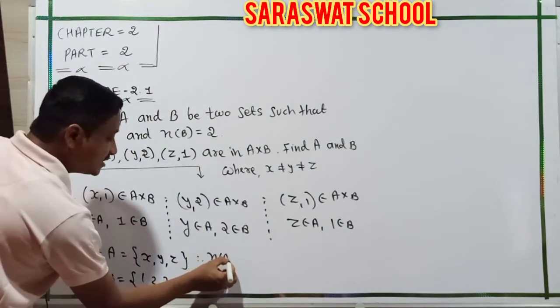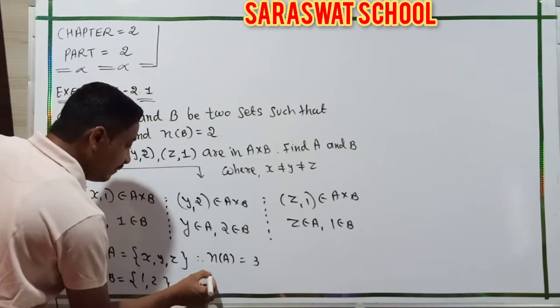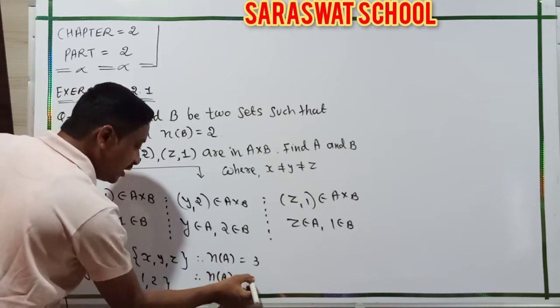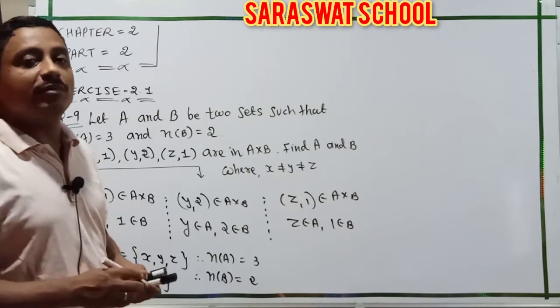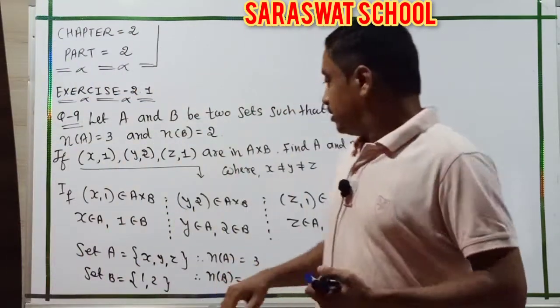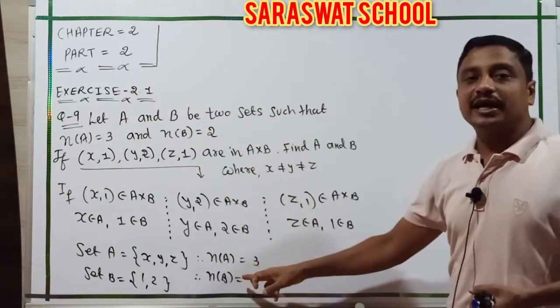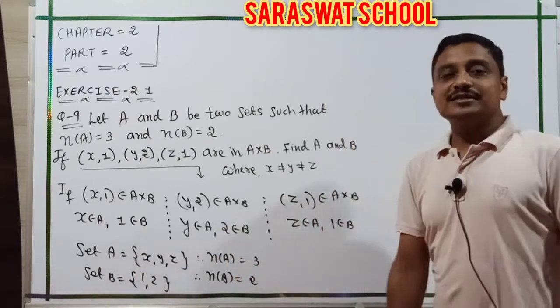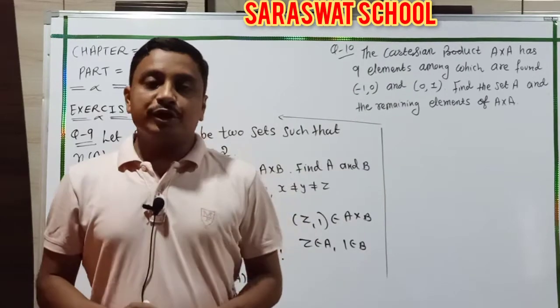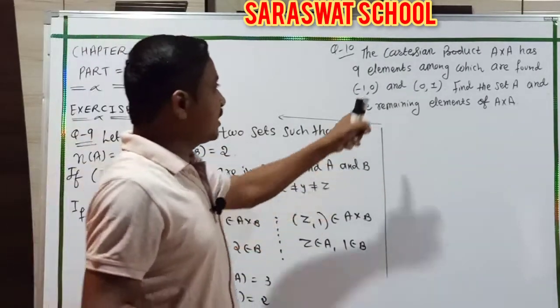Number of elements of A is how many? 3. And number of elements of B is how many? 2. So you are done easily with question number 9. And check here, all x, y, z are distinct, then they apply because distinct elements are present in the set. Continue students. Now I am going to question number 10.